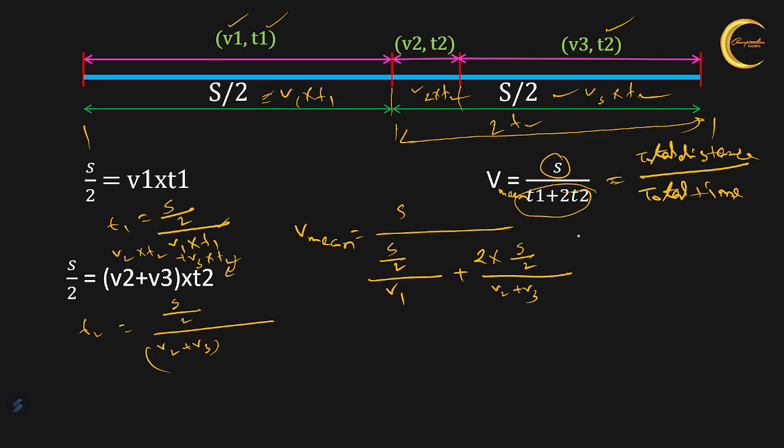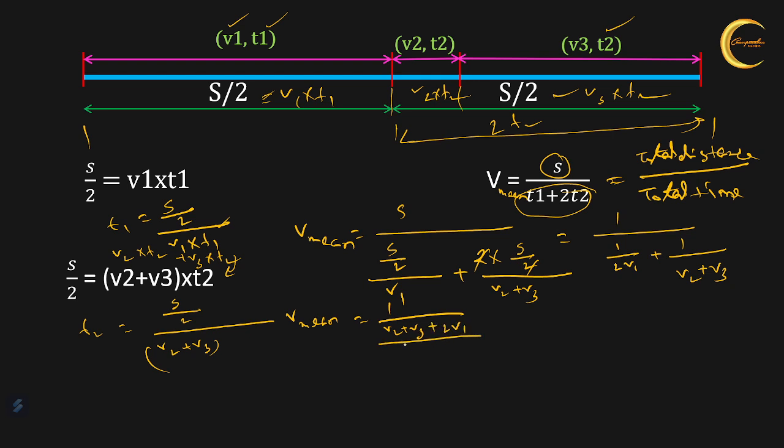But in this equation, we can write 1 by 2v1 plus, this 2 cancelled, 1 by v2 plus v3. So again v mean equals 1 by this one, v2 plus v3 plus 2v1, divided by 2v1 multiplied by v2 plus v3.